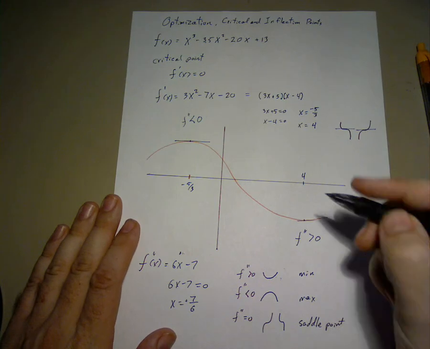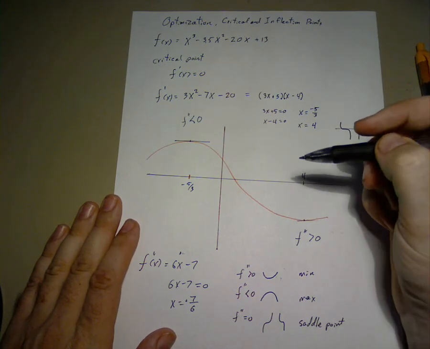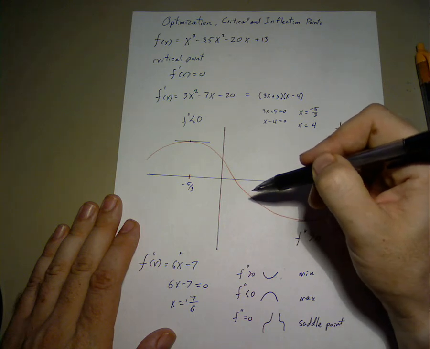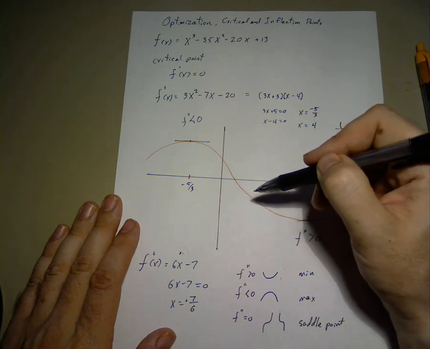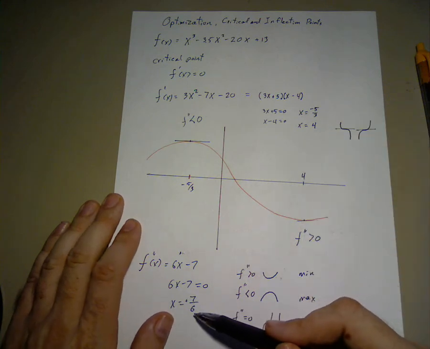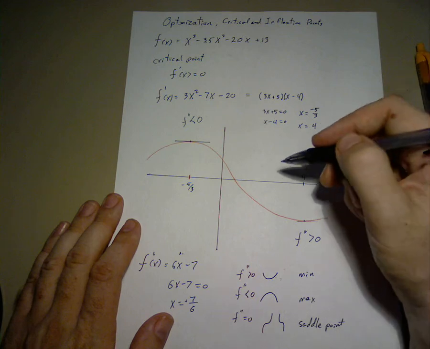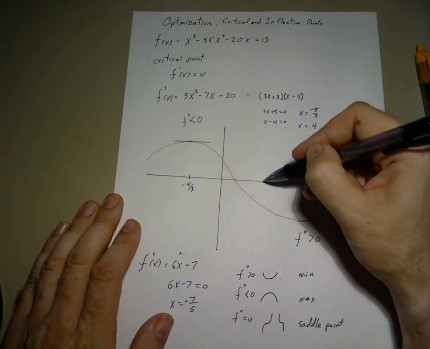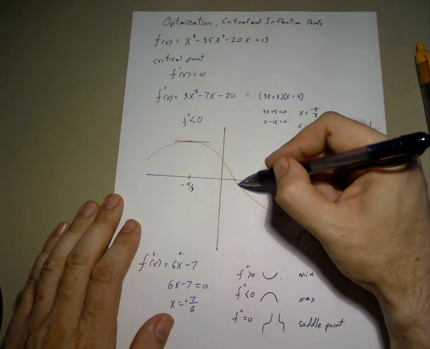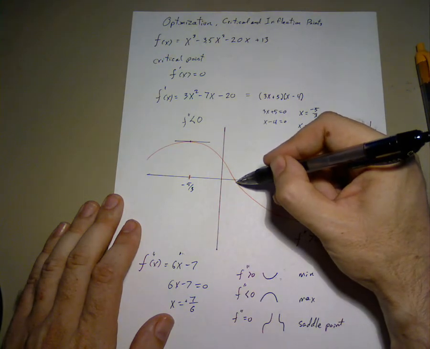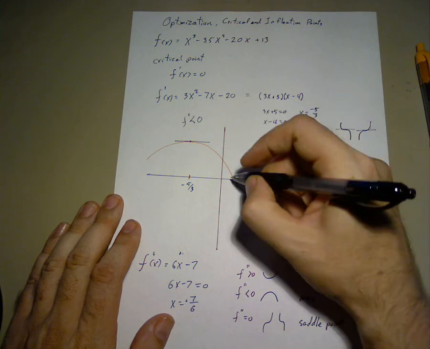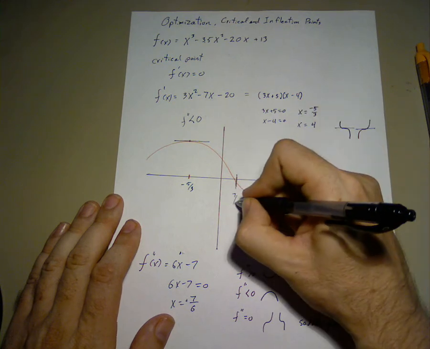So if it's changing continuously, and it is, we must expect that somewhere in between the second derivative equals 0. According to this value, the point is at 7/6, which is slightly greater than 1. So I would expect that to be about right, somewhere around right here. I'm going to guess about right there. So 7/6.